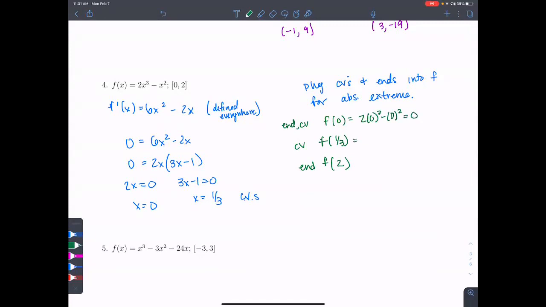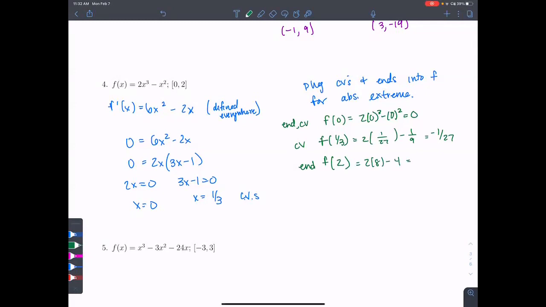You plug in a third, you're going to trust me on this. You have 2 times 1 over 27 minus 1/9. So negative 1 over 27. And then when you plug in 2, that's 2 times 8 minus 4, so 16 minus 4 is 12.